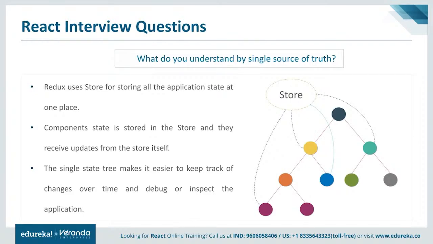The state of all these components will be stored in a single place, which is called the store, and any update will be received from the store itself. A single state tree makes it easier to keep track of changes over time and to debug or inspect the application.